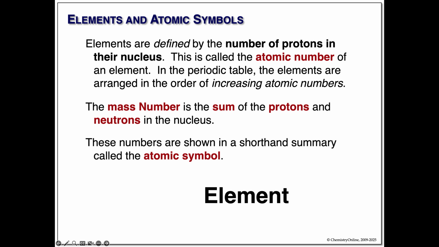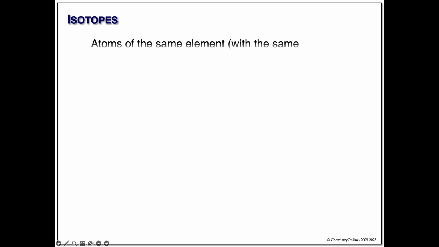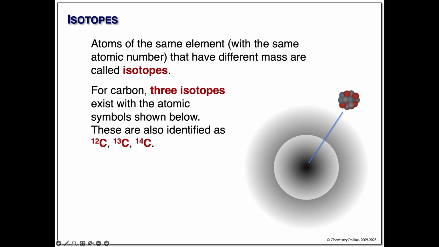This is the symbol for the element. The mass number is the superscript in front, atomic number, subscript, also in front. We noted back in chapter 2-ish that we could have different forms of carbon that have different mass numbers. We call those isotopes. We're going to deal a lot with isotopes of various elements today.